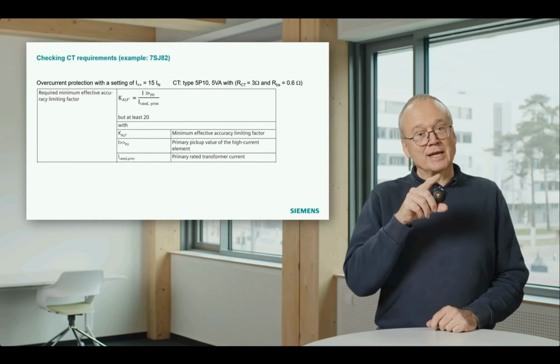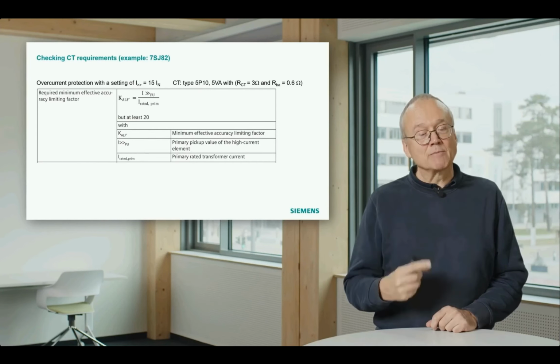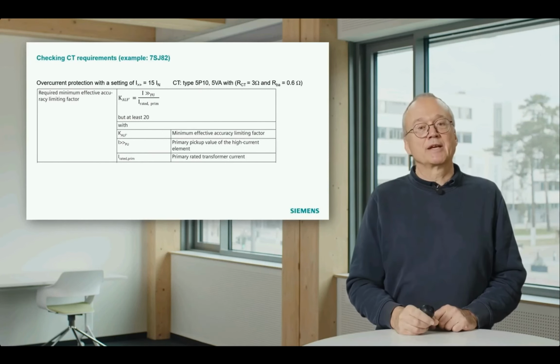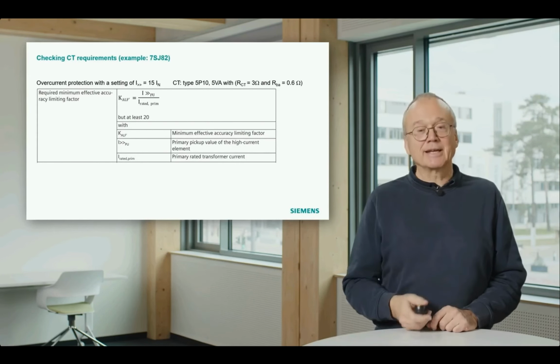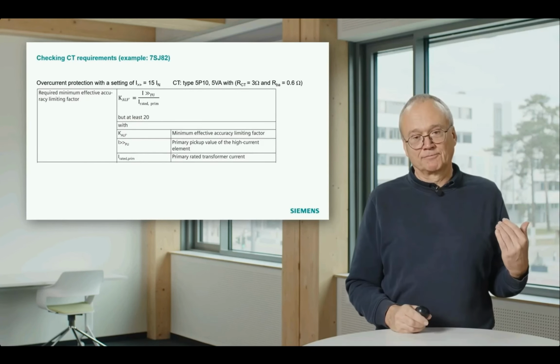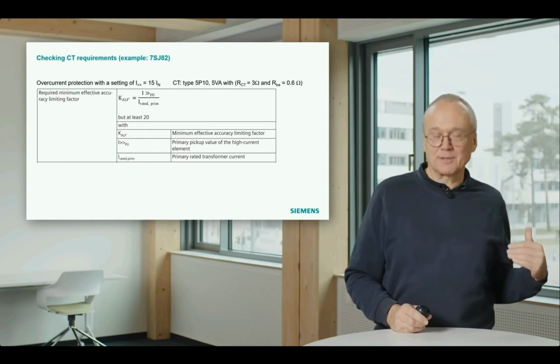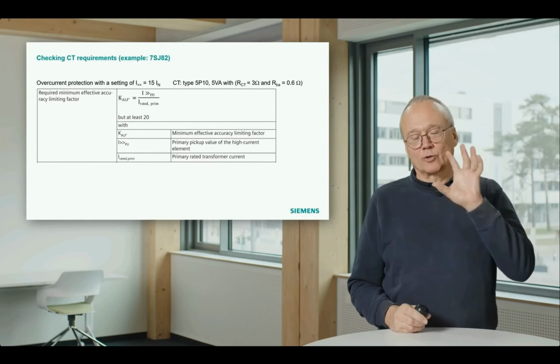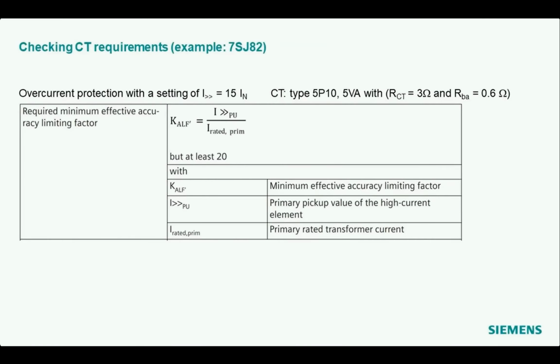So this would say the minimum KALF dash is 15, but then there's an additional sentence. It says, but at least 20. That means as long as the setting is lower than 50, the requirement, and that is a very simple requirement, the requirement is KALF must be more than 20.